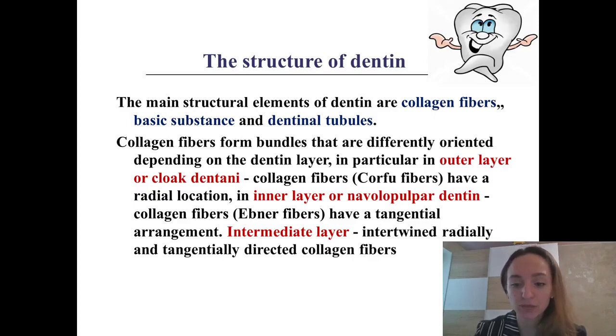The inner layer, or dentin near the pulp, where collagen fibers, we call them Ebner fibers, have a tangential arrangement. And we also have an intermediate layer in dentin.